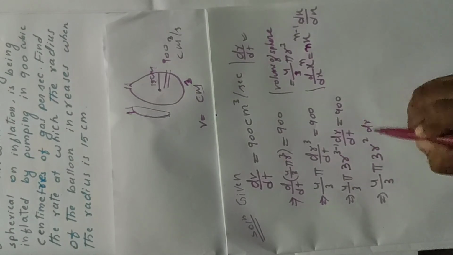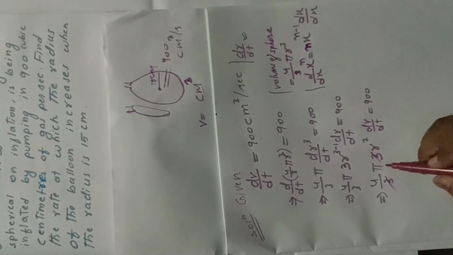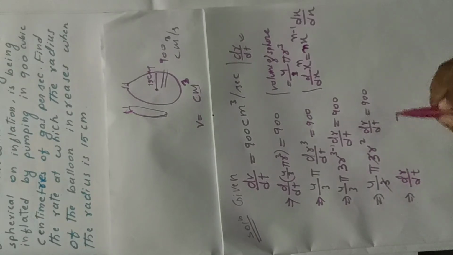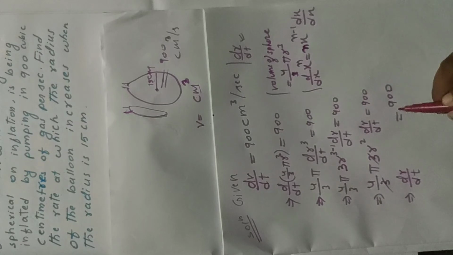Square, dr by dt equal to 900. Now 3 gets cancelled. Since we have to find the value of dr by dt, we write on the left hand side dr by dt, and if we take 4 pi r square to the right hand side, we write it in the denominator. It will be 900 over 4 pi r square, right?